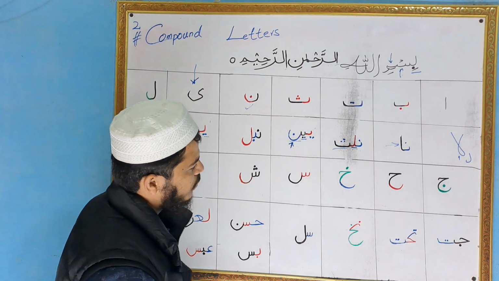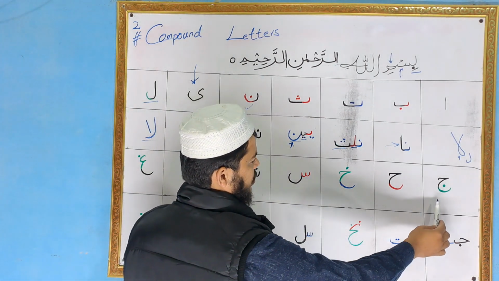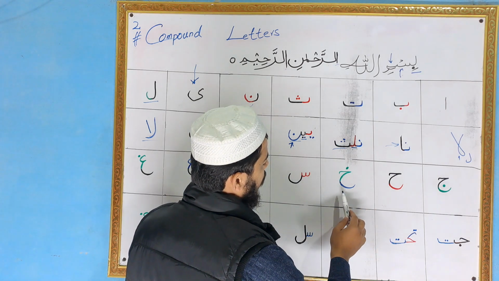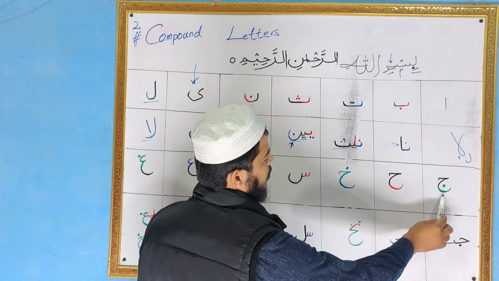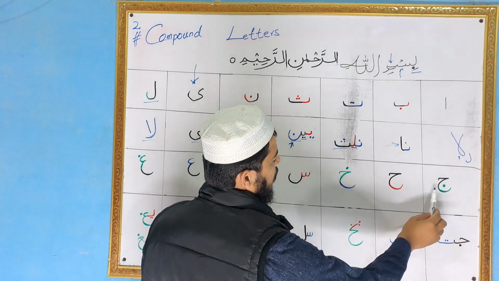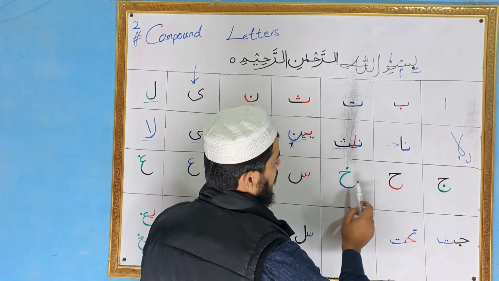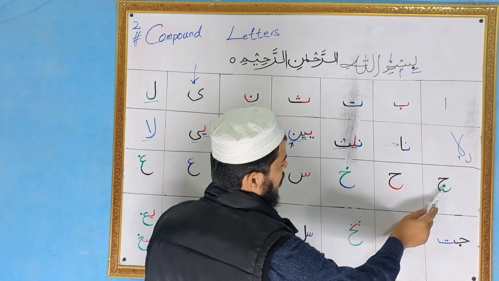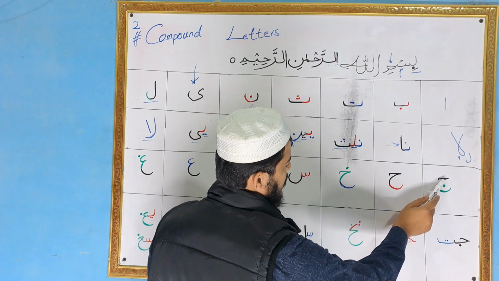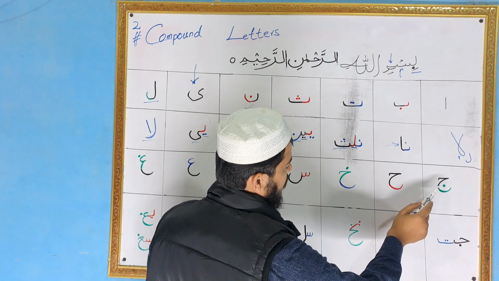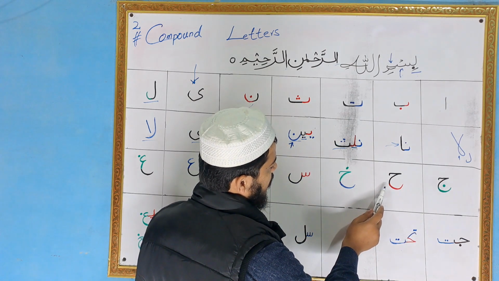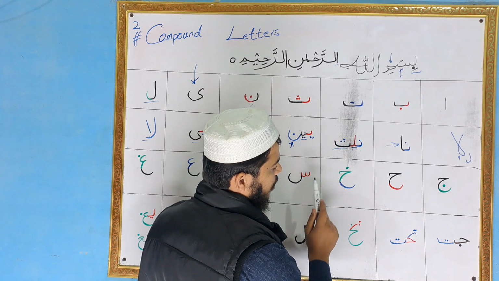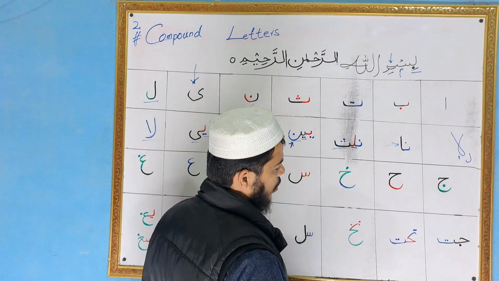Okay, now we will move to the letters jim, ha, kha. So you can see the only difference between these three shapes is the placement of the dot. If the dot comes as one dot in the bottom, we consider it jim. Without a dot, it will be ha. One dot on top, it will be kha.